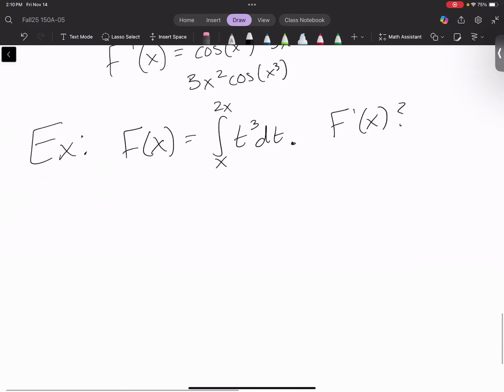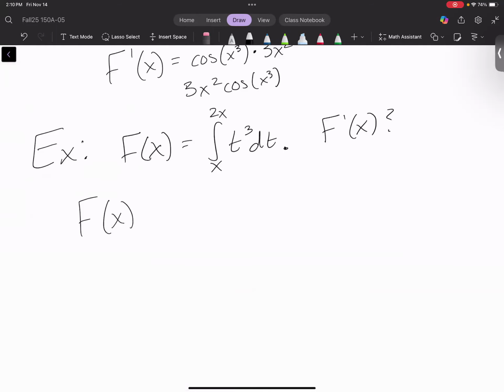We can use that integral splitting property. So I can rewrite capital F of x, and I'll just rewrite it here for a second so we have all the steps laid out. I can split this into the integral from 0 to 2x of t cubed dt plus the integral from x to 0 of t cubed dt.